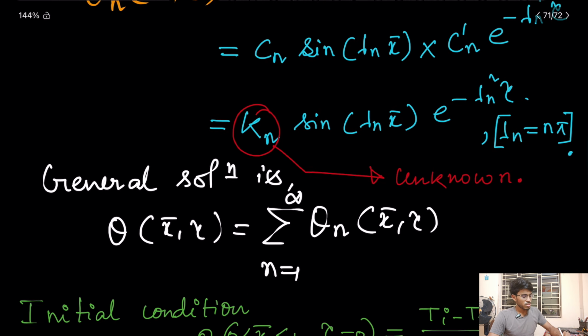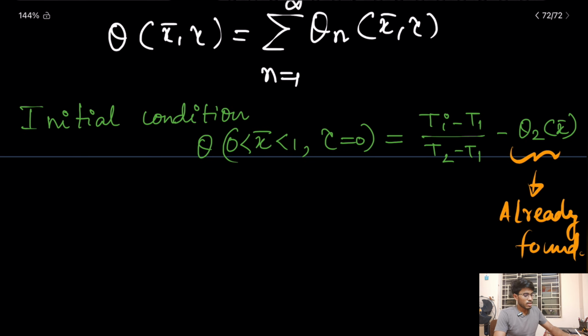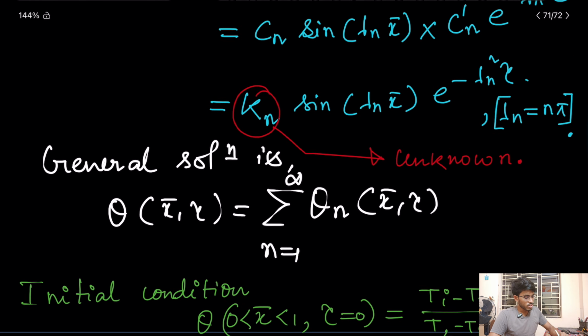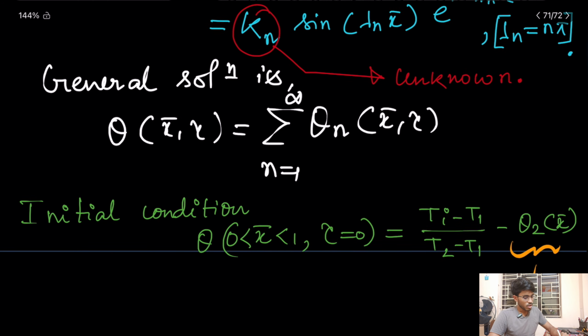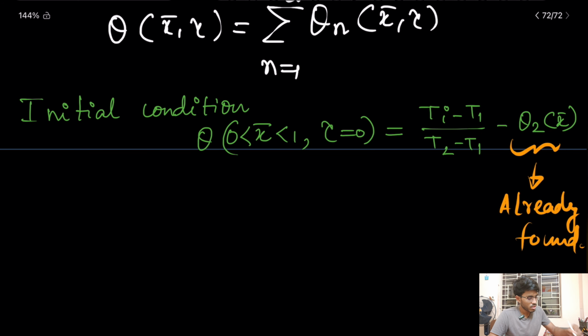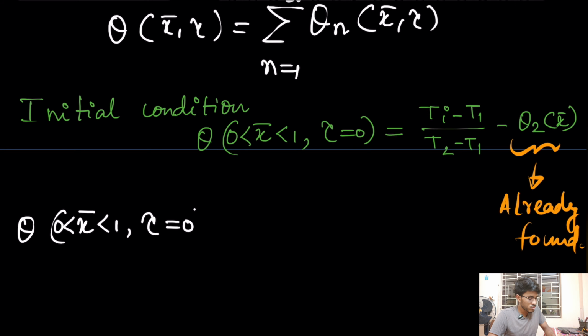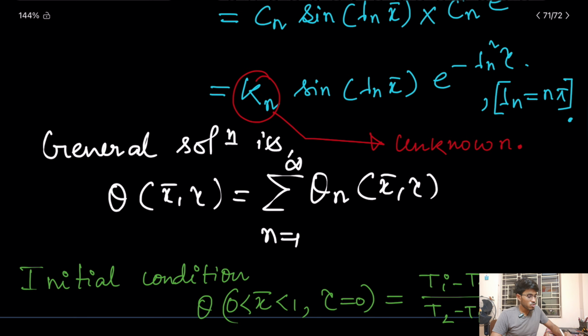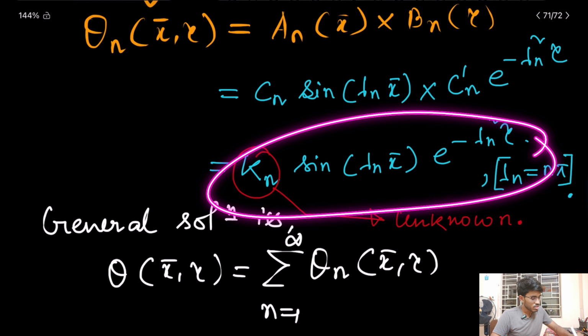So now I have this. Put it in this equation, so I have theta equal to this. Now theta for all x and tau equal to 0. Now you put tau equal to 0 in this equation.